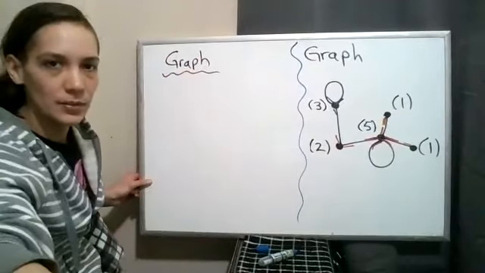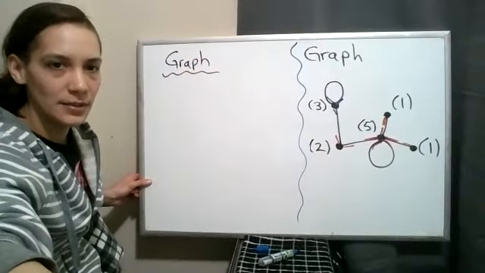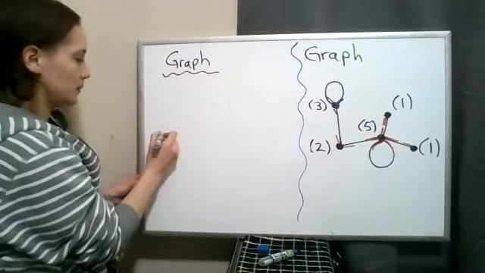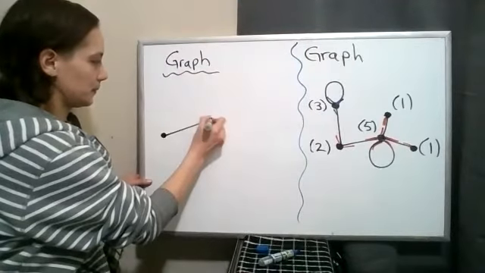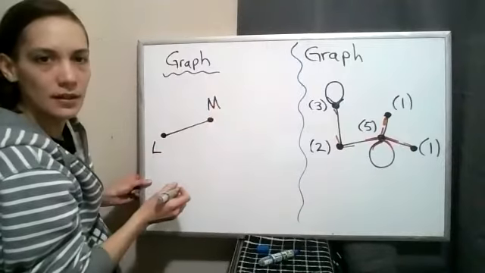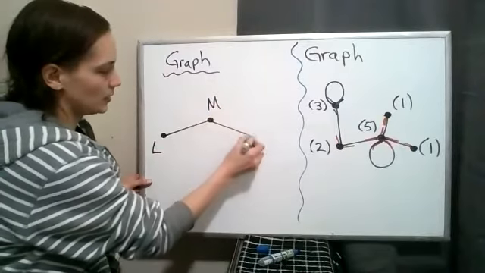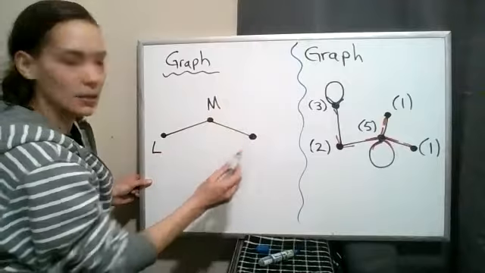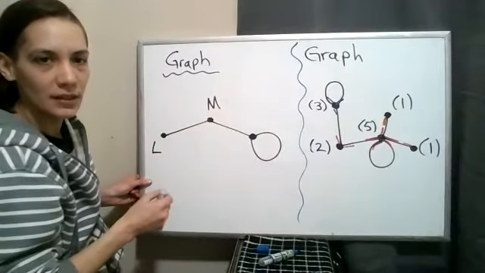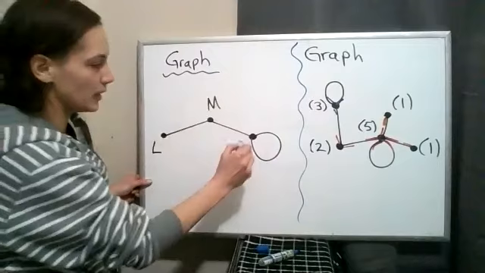Let's do this one, but we don't have to go crazy. L to M. Let's go this way, and we'll loop. And call that good. This is LMP.